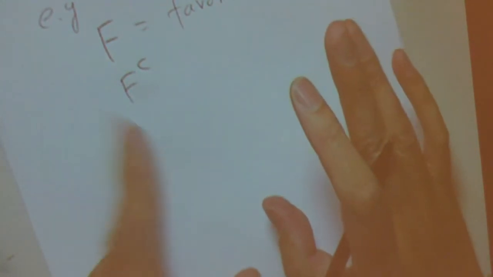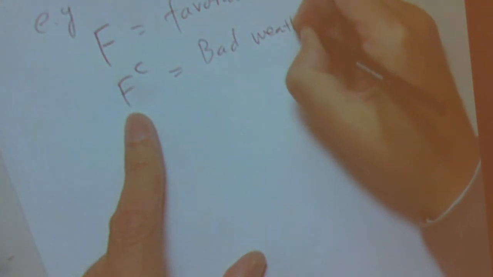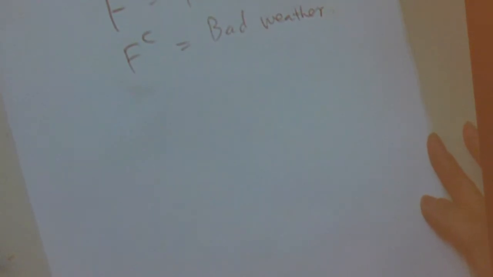We don't have a semi-good, just two. So if you just have two outcomes for this event, you can use event F and its complement, because then you can save a letter. You just use the same letter F, but you use F complement. That means bad weather. Do you agree? Good. That's type 1 event.